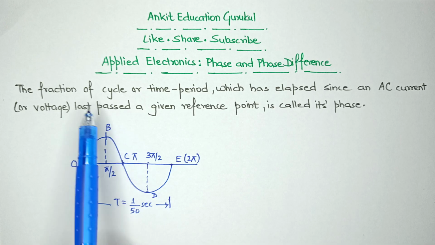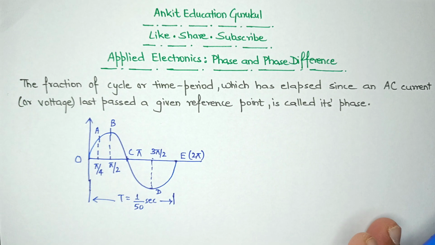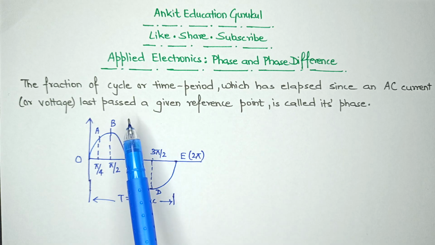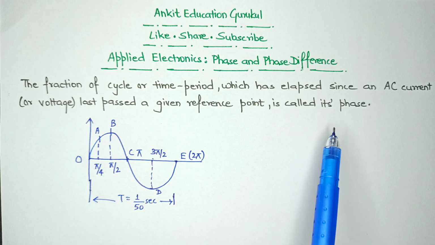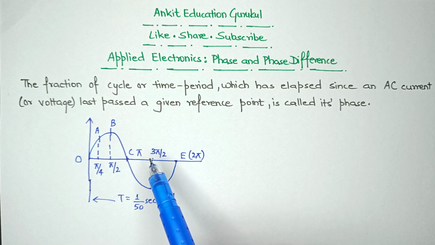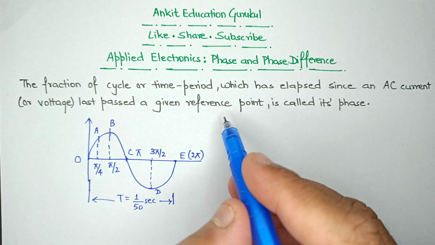The fraction of the cycle or the time period which has elapsed since an AC current or voltage last passed a given reference point is called its phase. If you consider this diagram, the phase can be expressed in any one of three different ways. I'll write these points here.